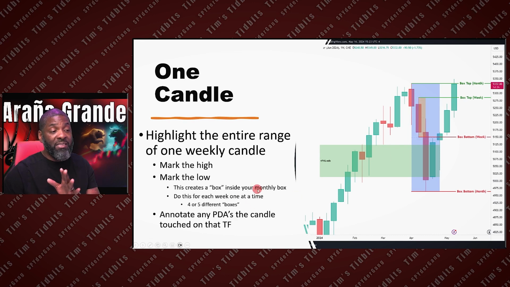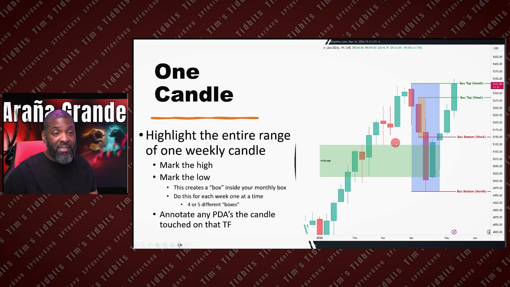That creates a box inside your monthly box. This is the weekly box, that's the box top, that's the box bottom, and this box is inside the monthly box. Anything above, external liquidity, anything below, external liquidity, anything inside, internal liquidity.